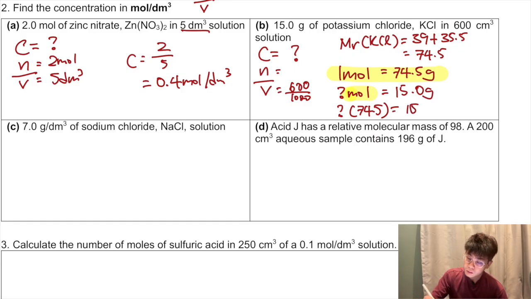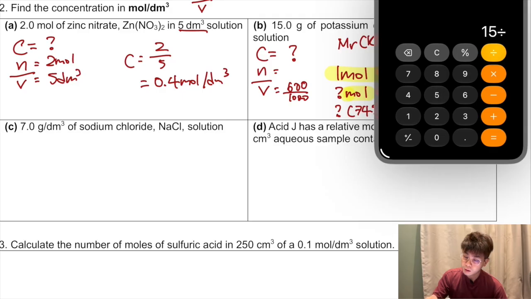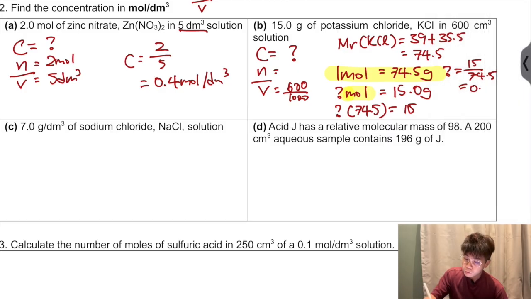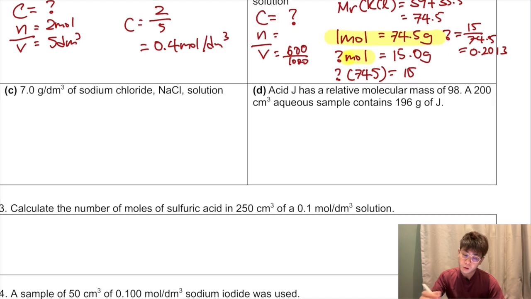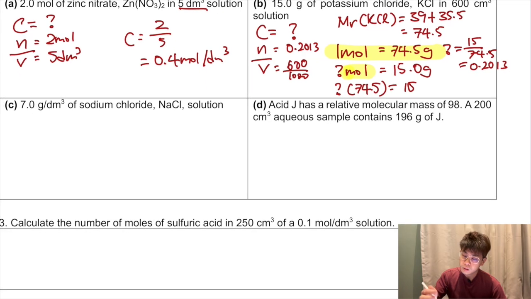Therefore question mark is equal to 15 over 74.5. Let me take out my calculator. 15 divided by 74.5, and that's 0.2013. So this is the number of moles.